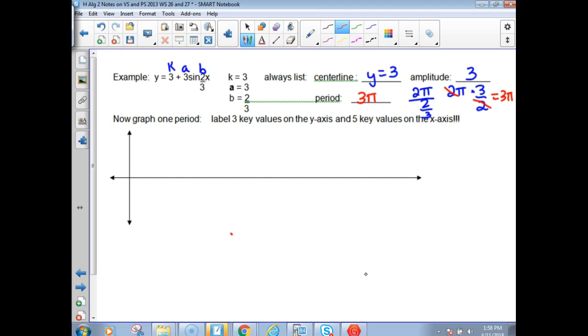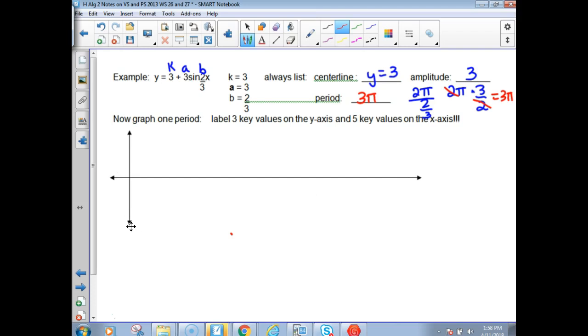Now we're going to graph one period. Now, if the center line is at 3, the way I did the worksheet, for this particular one, since the center line is actually 3 up from 0, I'm going to use the line right here this time only for the center line. Okay, because otherwise we're not going to be able to fit it on our picture very nicely. Are you with me?